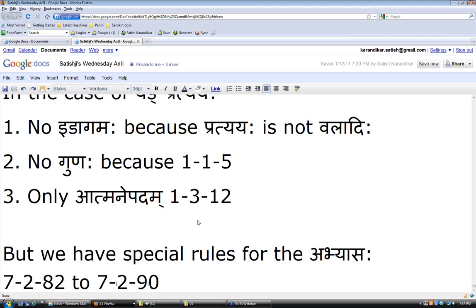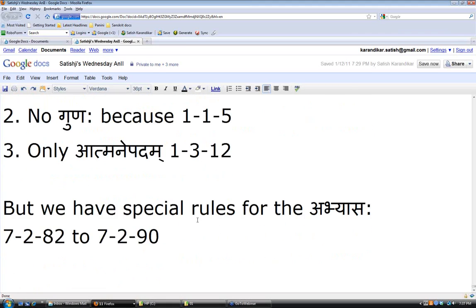So these examples are very important. Pay attention to them and try to derive the forms clearly in your mind. If you don't understand them, there are commentaries which can give you all the steps, particularly the Nyasa commentary on the Kashika, which generally gives all the steps required to derive those forms.